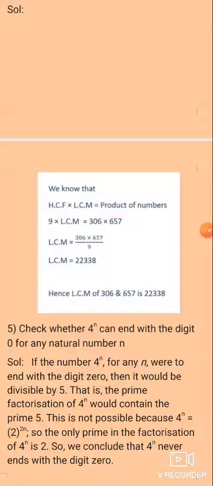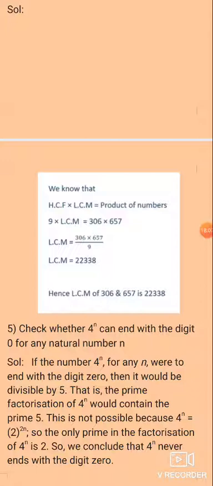But listen, we know it is not possible because what? 4 raised to n is equal to 2 to the power of 2n only. 4 is 2 into 2. If it is 4 cube also, it contains the prime factor 2 only. So the only prime factor of 4 raised to n is 2. So we can conclude that 4 raised to n never ends with the digit 0.